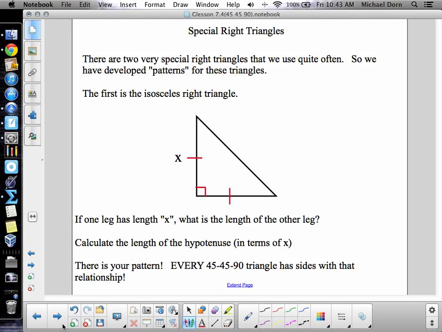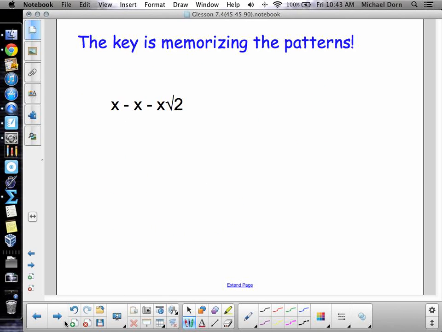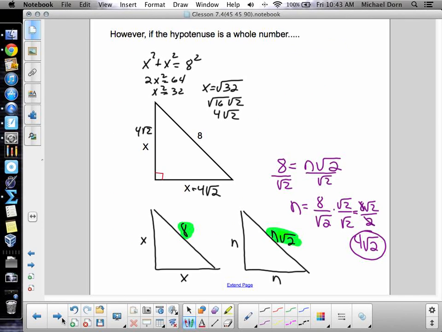Here, it's even easier. I don't have to set up a proportion. I can just set up an equation, find the corresponding sides. I don't have to say 8 over n root 2 equals x over n. I can just do 8 equals n root 2 and solve a relatively simple equation. Divide by the square root of 2, rationalize, reduce.